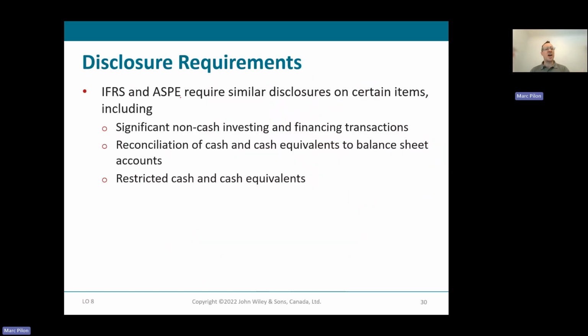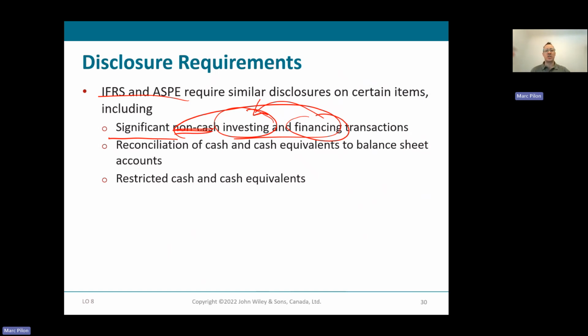In terms of disclosure requirements, IFRS and ASPE have similar disclosure requirements. We have to explain what is included in cash and cash equivalents. We have to explain any significant non-cash investments that would not be shown in the statement of cash flow. There was a slide, we discussed that earlier. If I have a new investment that was financed directly, like a lease, then that would be non-cash.